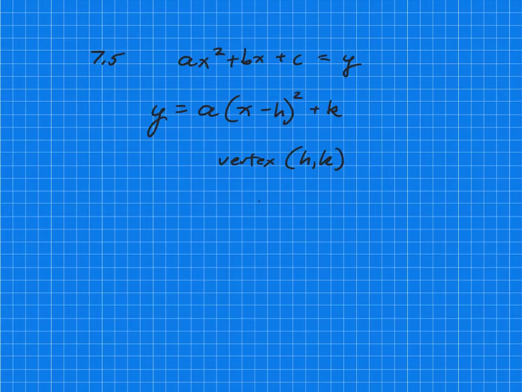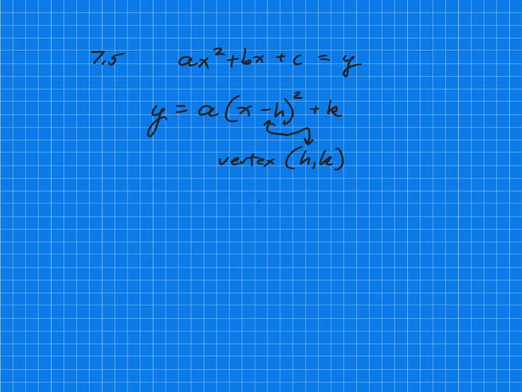So one of the things you probably remember is that the value h inside here has a negative sign associated with it, which means that the x-value of the vertex will always be the opposite of what you see with the x, and the value for k remains unchanged.